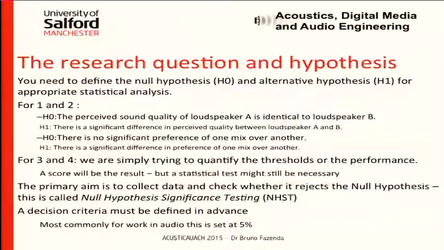Now, in audio, usually that criterion is 5%, and I'll explain better what that means. In audio we give it a more relaxed level. If we were doing this for clinical trials, for medicine, testing pills for headaches or whatever, this level would be 1%. And I'll try to explain what that means in a minute.